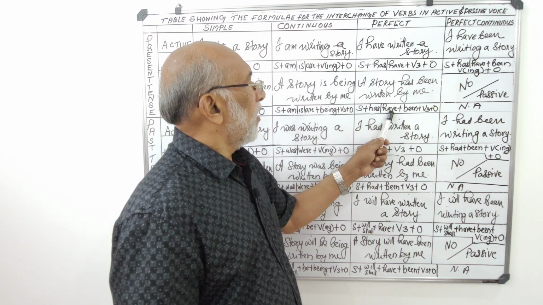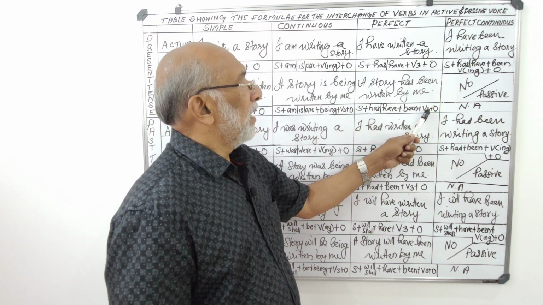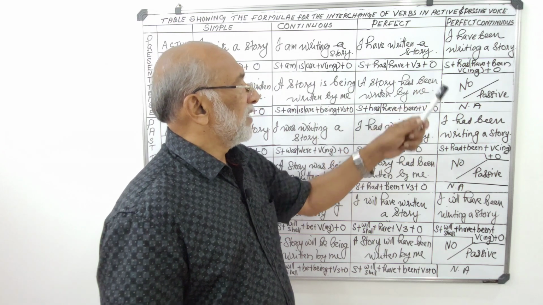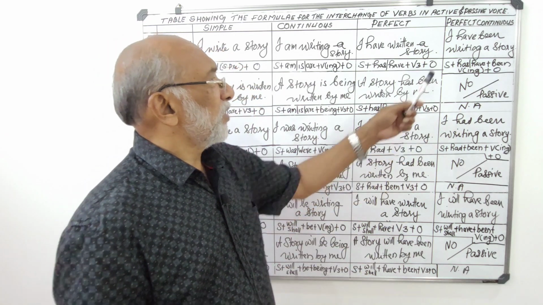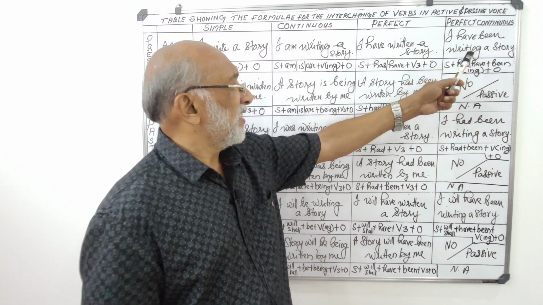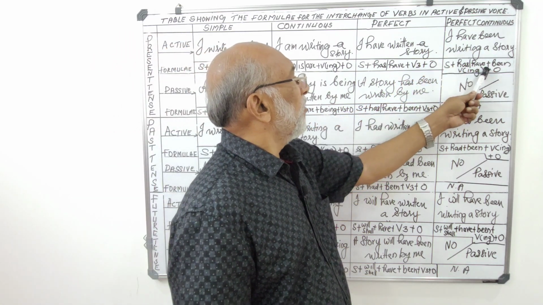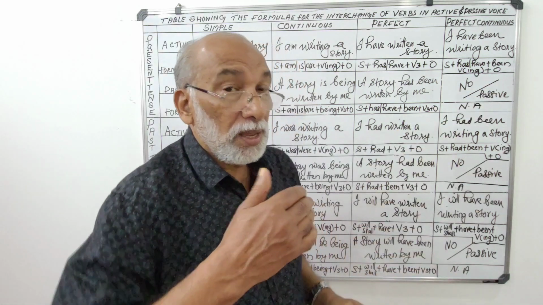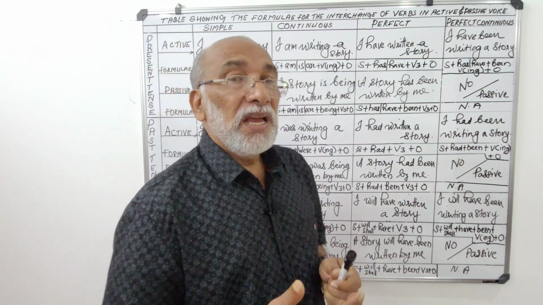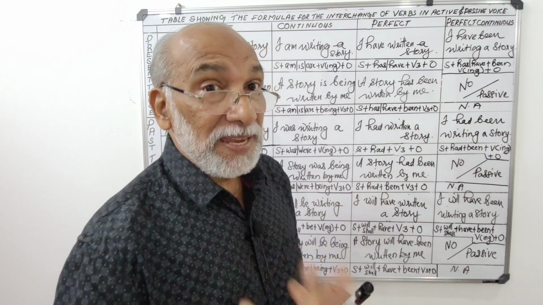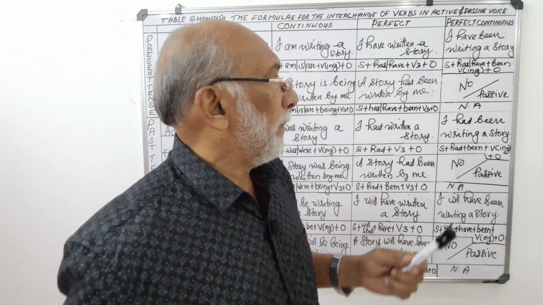Subject plus has or have plus been plus past participle of the verb plus object. And coming to the perfect continuous tense, I have been writing a story. Subject plus has or have plus been. So coming to the perfect tense, understand that we use been to change it into passive voice.